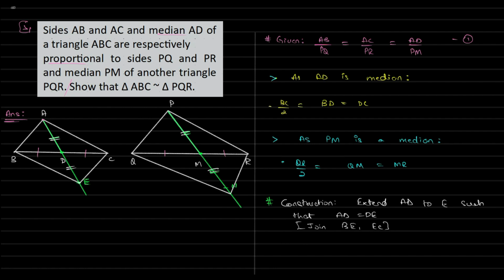Next, extend PM to N such that PM is equal to MN, and then next step is join QN and NR. So this is the diagram.